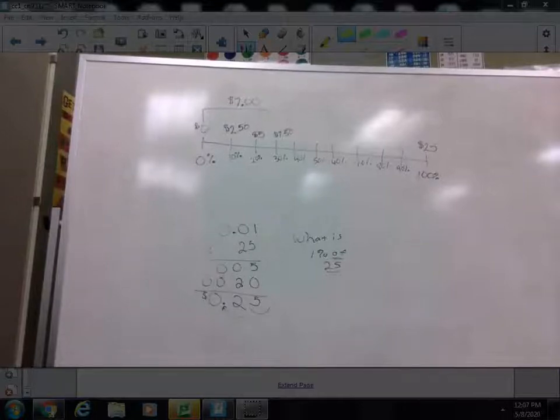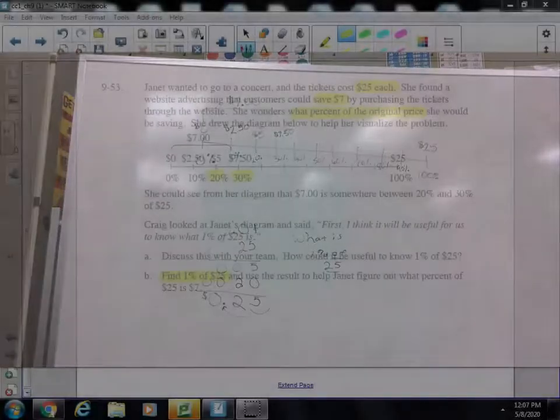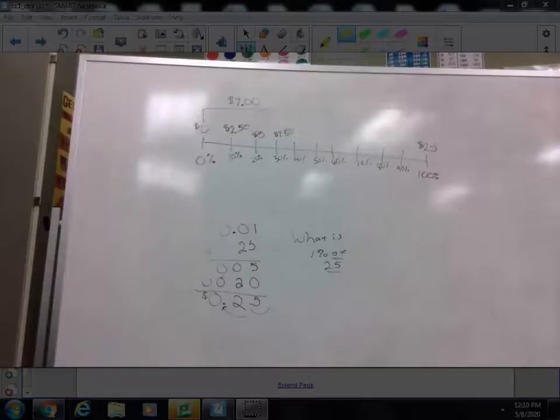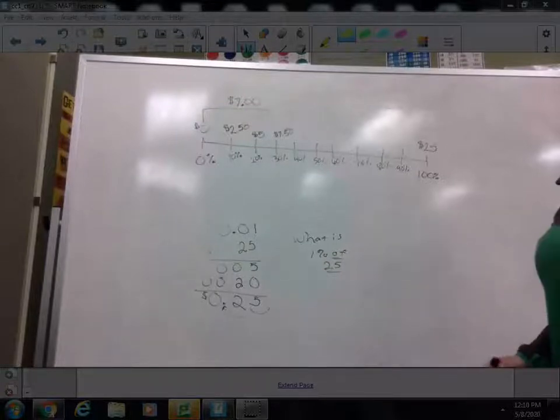So how can we use that to find out what is 7% of that? All right, sorry, I misspoke there. After we know what 1% is, we want to know what percent of the $25 is $7. So the $7 she saved, what percent is that?